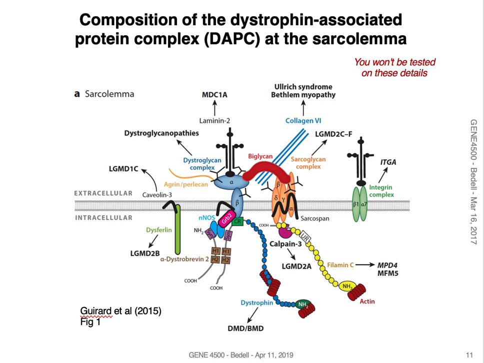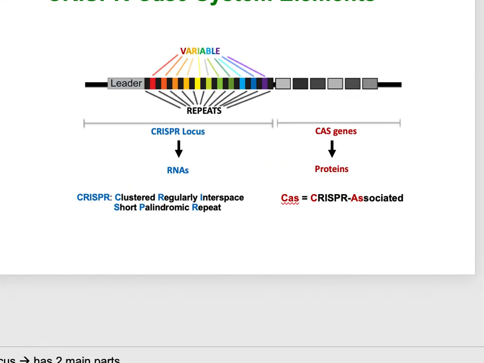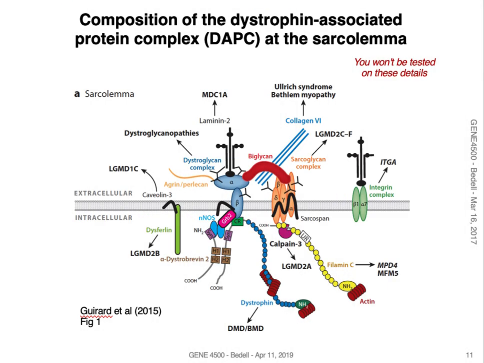Not 100% function, but enough that it holds a lot of promise for therapy. Okay. Not that it's going to completely alleviate the symptoms, but as we discussed the other day, right now there's absolutely no treatment for Duchenne's muscular dystrophy.